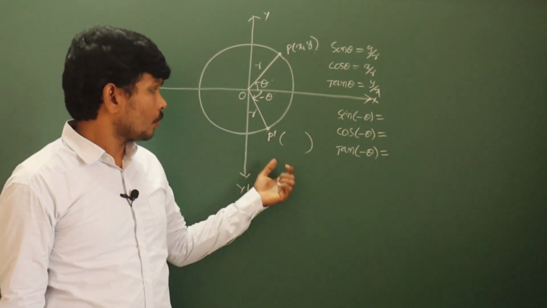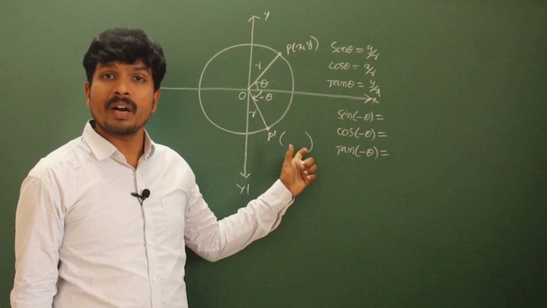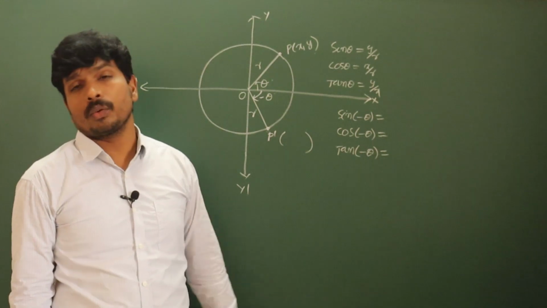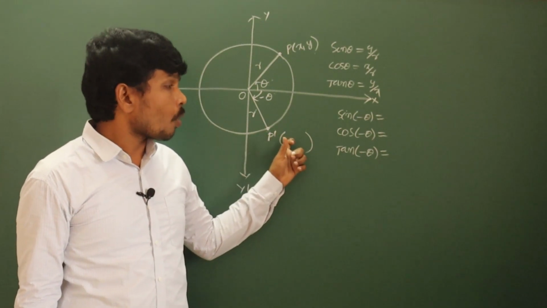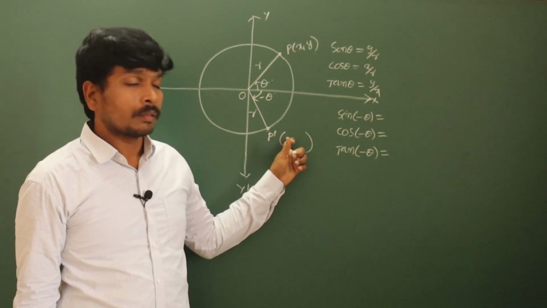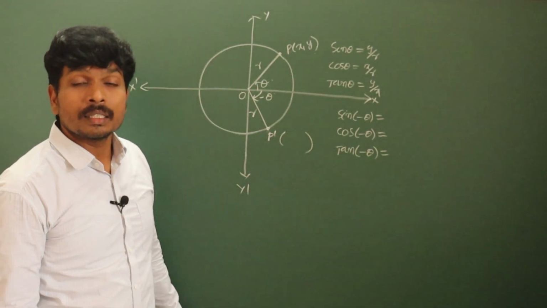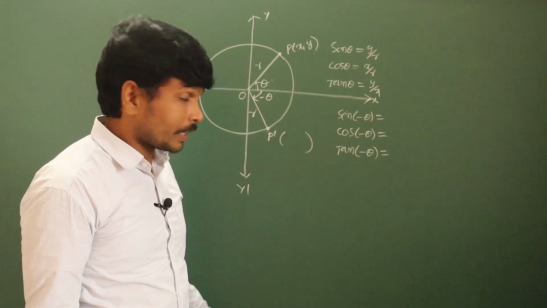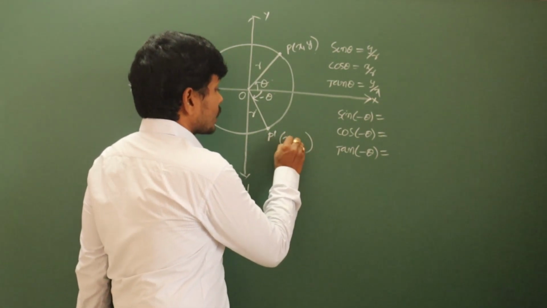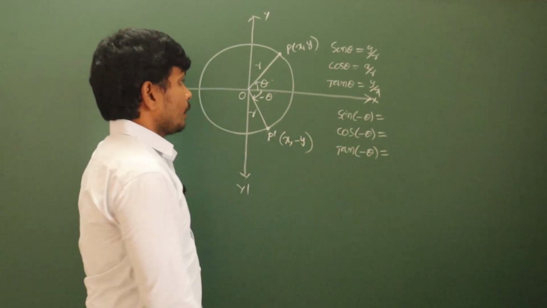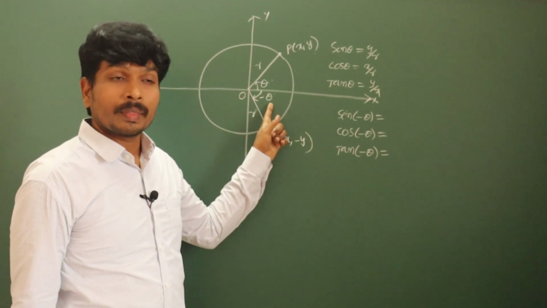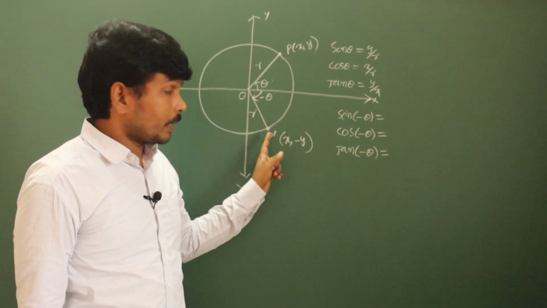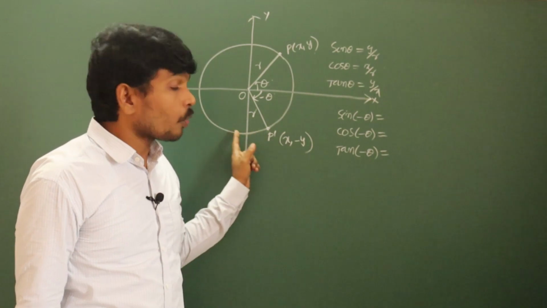Okay, you have to guess the P dash coordinates, otherwise you have to find them. So P dash coordinates are x comma minus y. Just I am guessing. I guessed x comma minus y because here the angle is the same. That point P dash is in the fourth quadrant.